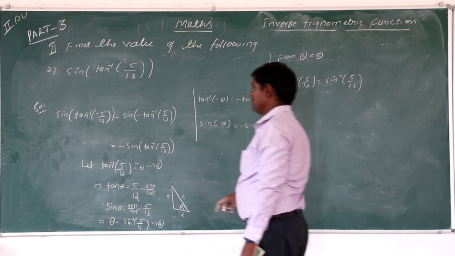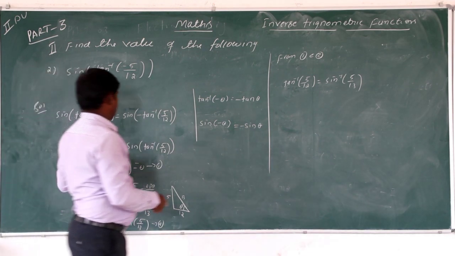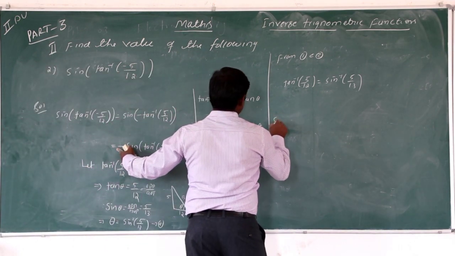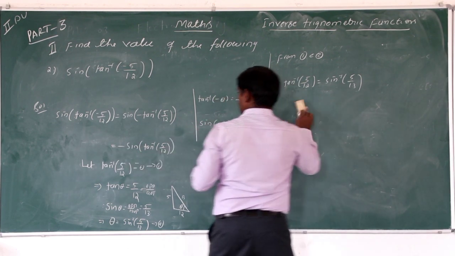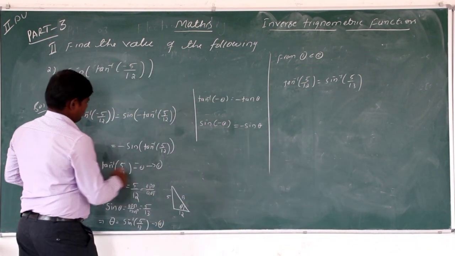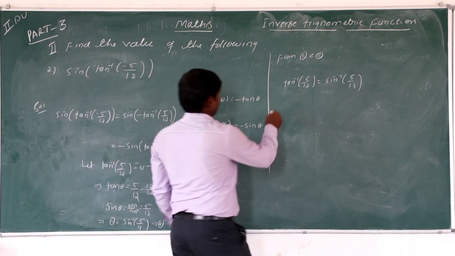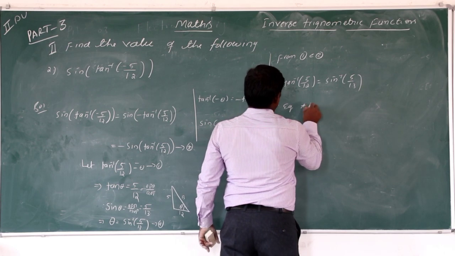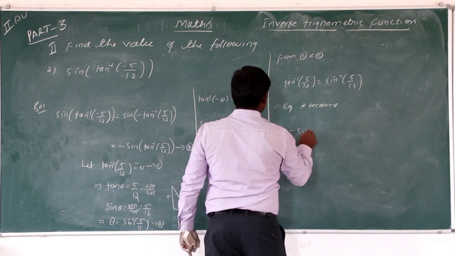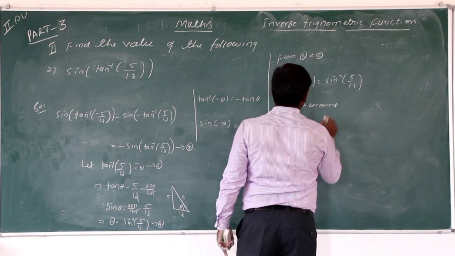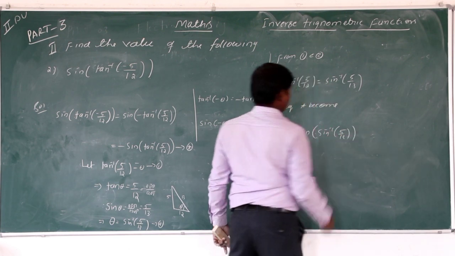So, taking this as equation star, the equation becomes minus sine of sine inverse of 5 by 13. Is it clear?